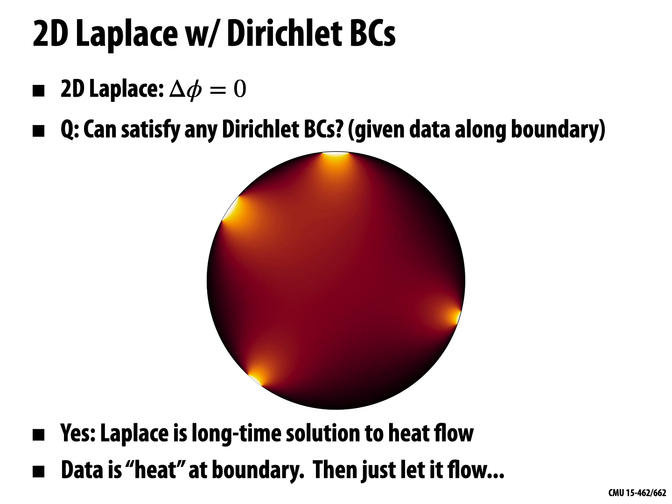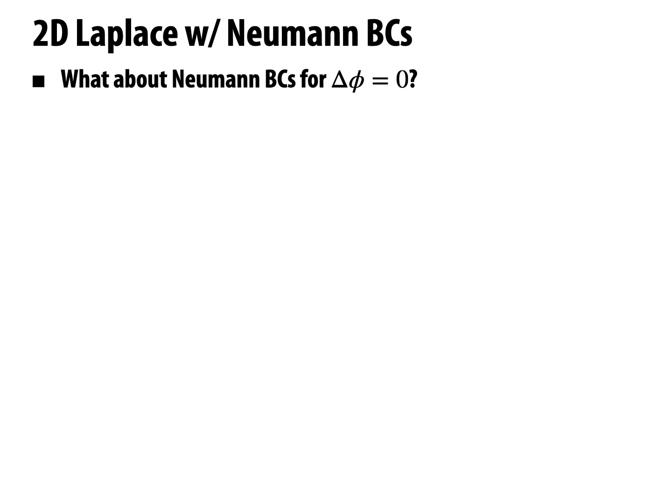And that's the solution to my Laplace equation. Not a rigorous proof, but at least some intuition for why it's true. I can always find a solution to the Laplace equation that interpolates given Dirichlet boundary data because this function is just the steady state of a very natural physical process.